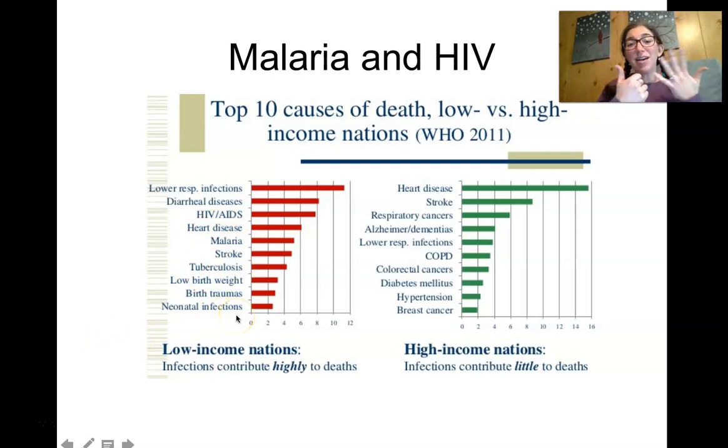So 6 of those top 10 things are infectious diseases, which is why they really are so important. So although we don't have malaria here, and we have controlled HIV with pretty good drugs, we still have really high numbers of HIV. We tend not to focus on them as much. We forget that they are such big global killers, but they are.